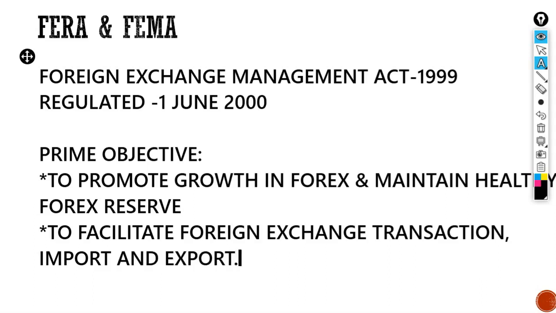So the two prime objectives of FEMA were, number one, to promote growth in forex and maintain a healthy forex reserve, and along with that, to facilitate foreign exchange transactions, imports and exports. So it did not only take care of forex but also facilitated foreign exchange.